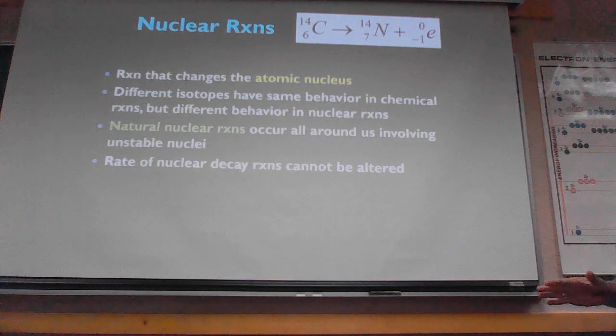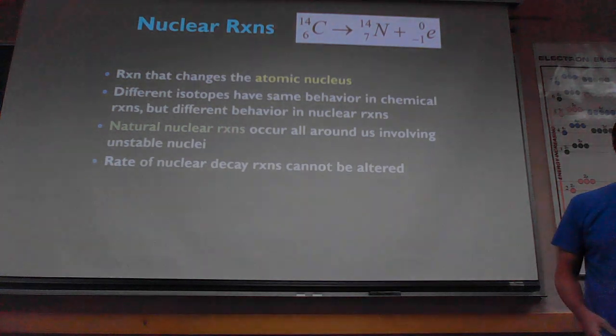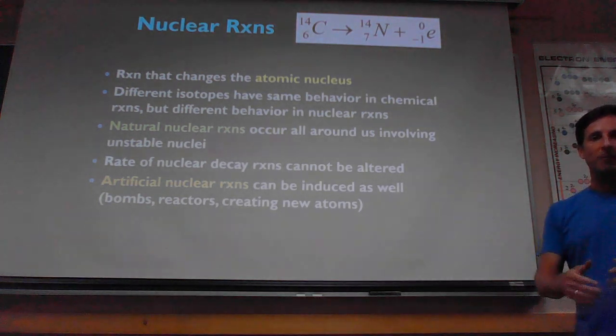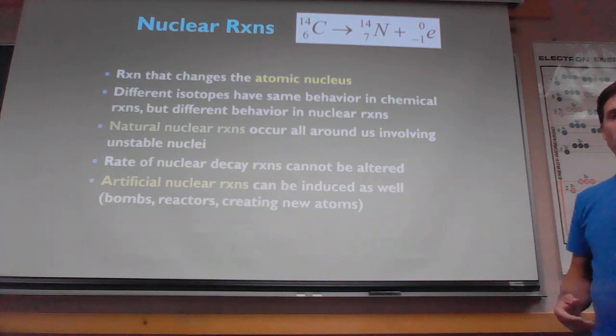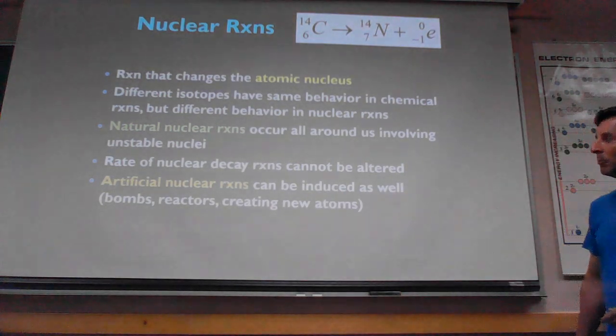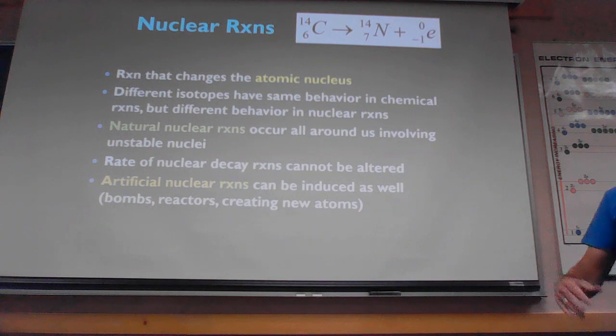That has no bearing on how long it takes for carbon-14 to break down. So we can't control that. We can't change it. Now, there are natural nuclear reactions, which are our main focus in this chapter, but we will touch a little bit on some artificial nuclear reactions, like fission and fusion bombs and stuff like that.